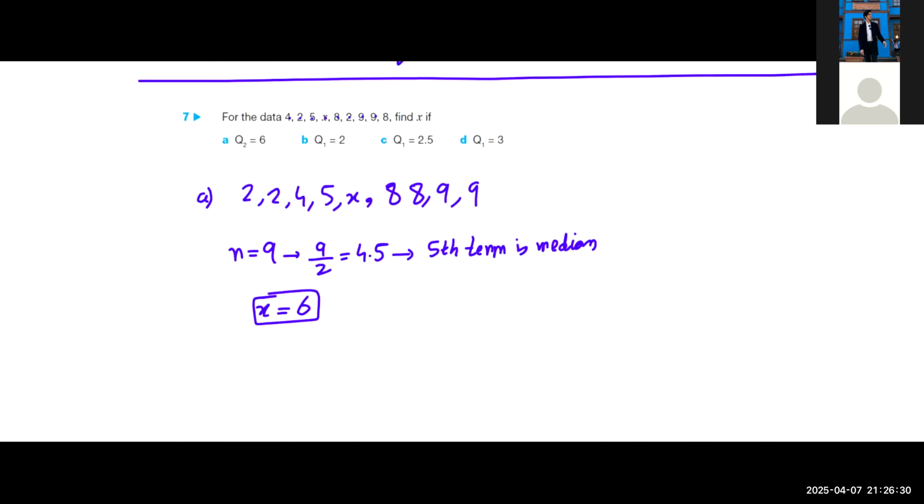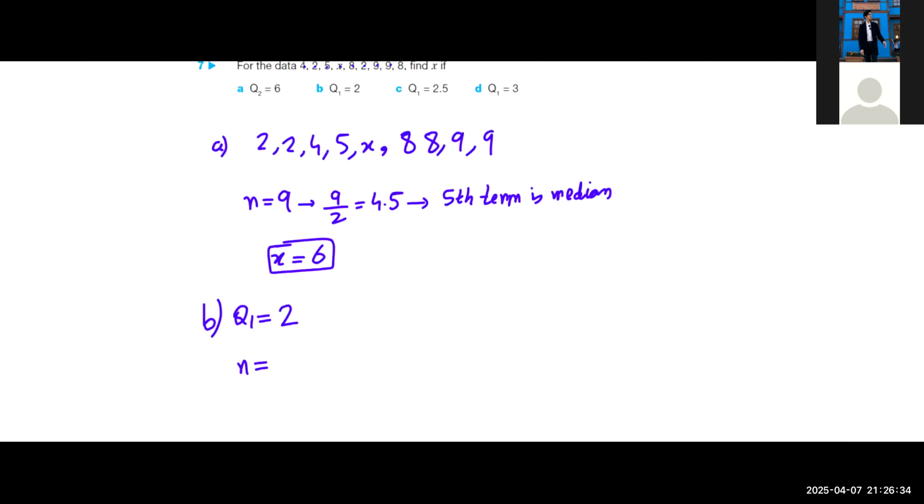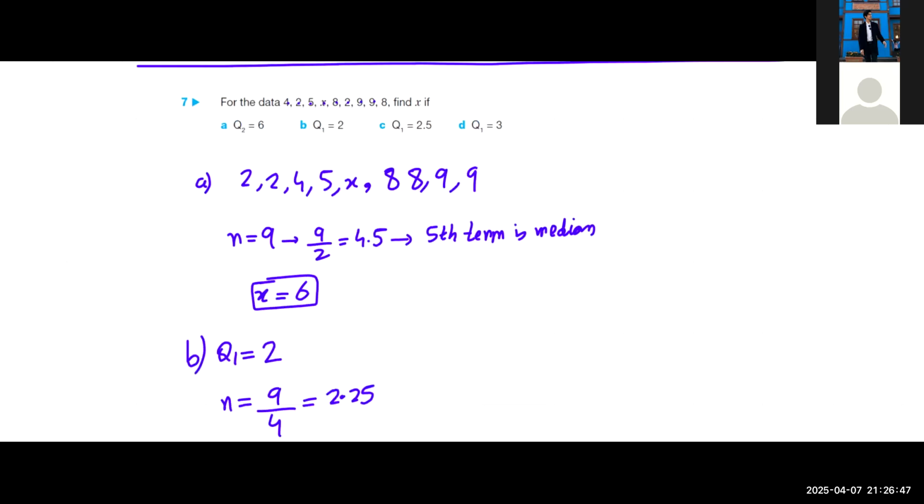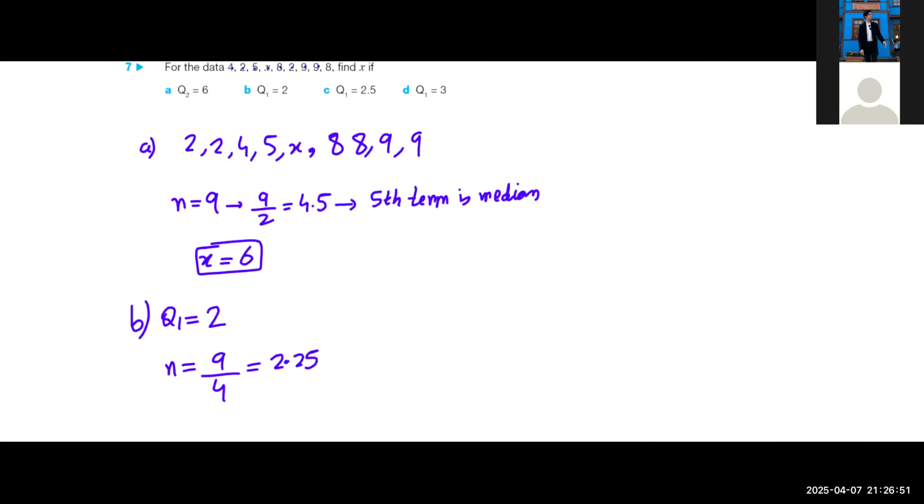So we want the lower quartile to be 2, which means that we need 9 over 4. What is 9 over 4? 9 over 4 is 2.25. So we need the third term to be 2, basically. Okay? So where do we put the x this time?